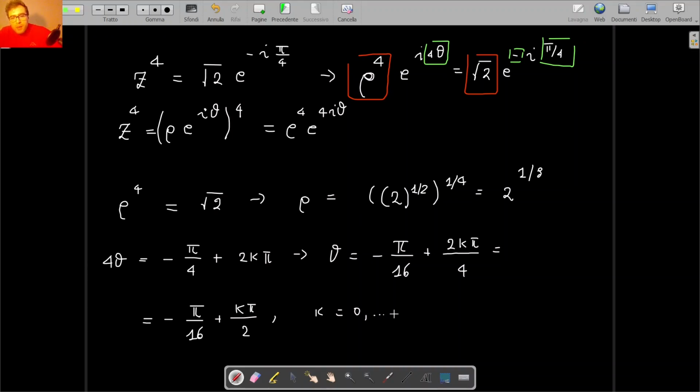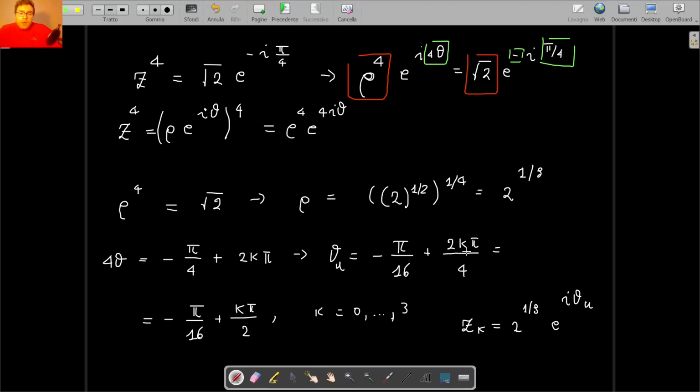In this way our 4 roots can be written as z subscript k equal to 2 raised to the 1 over 8, which multiplies e raised to i theta k, with theta k determined by this expression.